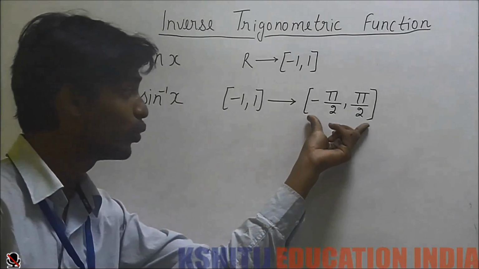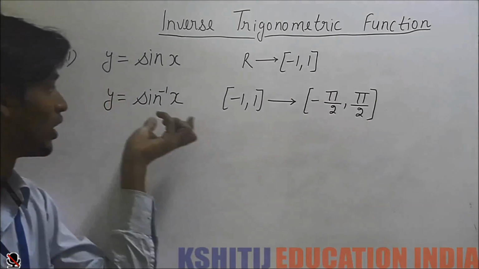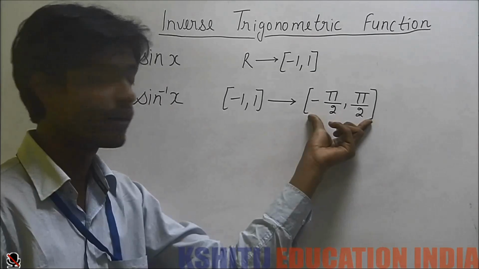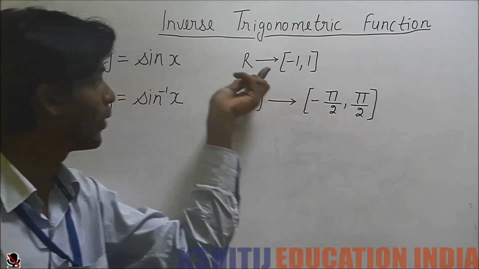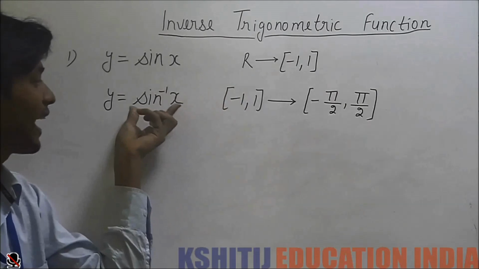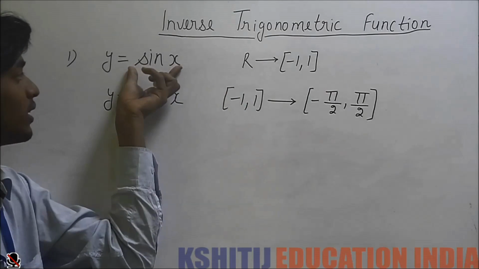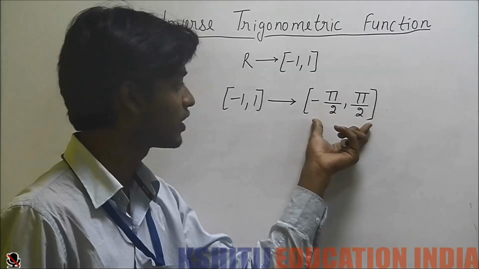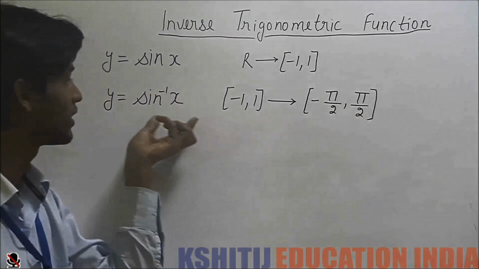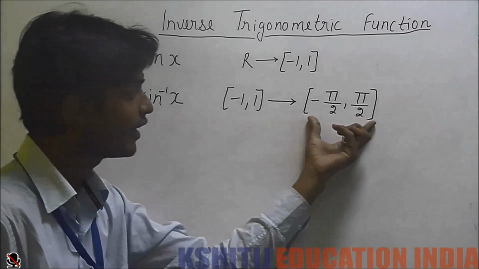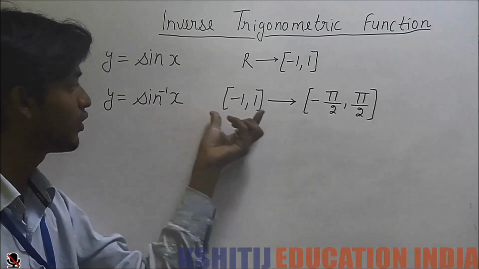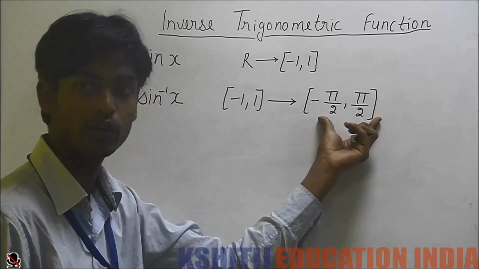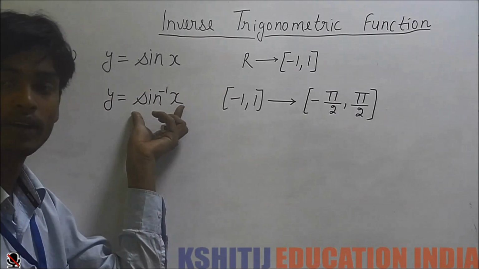Now we have to specify or constrain the range corresponding to the term sine inverse x. The range is the closed interval -π/2 to π/2, and then we can define the inverse of the term sin x. We have a restriction on the range of sin inverse x, because in this interval the function is one-one and onto.